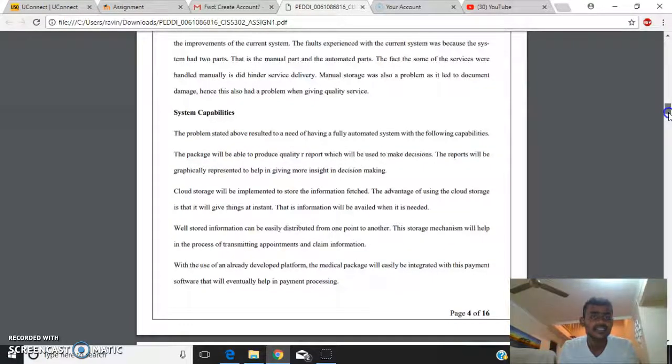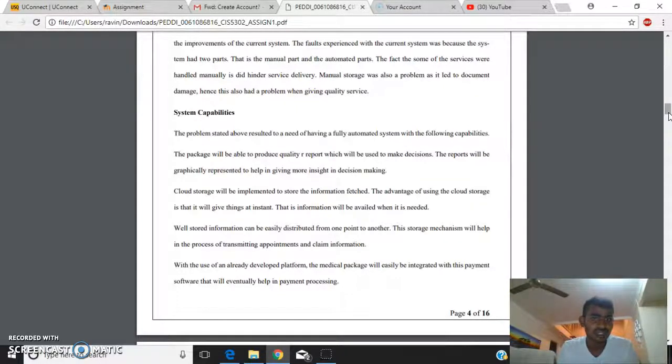System capabilities: the problem stated above resulted in a need for a fully automated system with the following capabilities. The package will be able to produce quality reports which will be used to make decisions. Decisions, in the sense graphically represented to help give more insight in decision making.